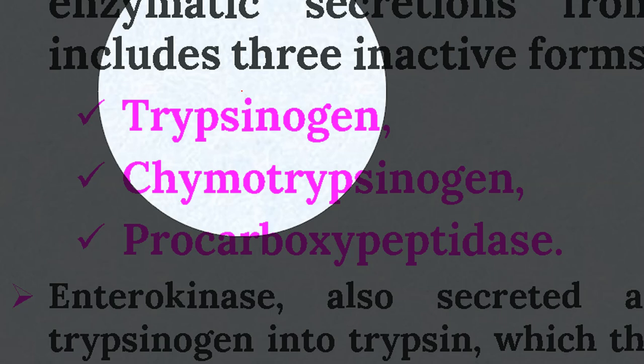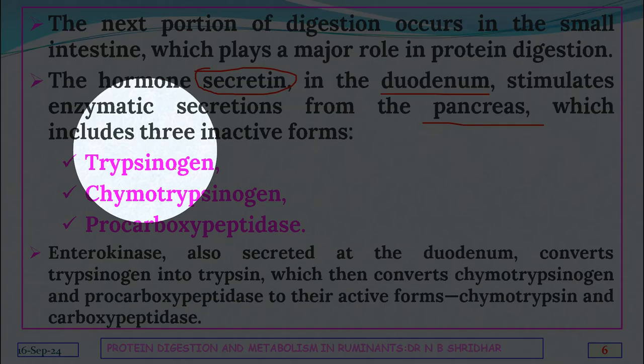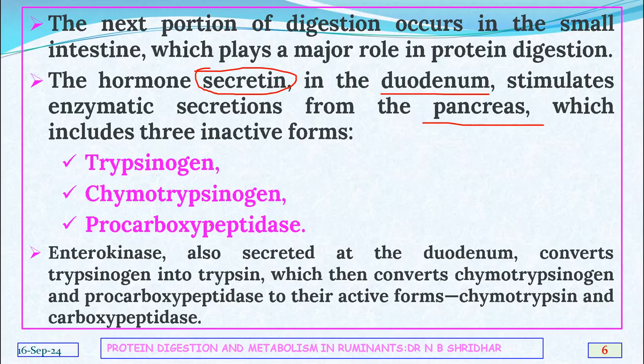Coming to the next one, enterokinase is also secreted. This is another enzyme at the duodenum which converts trypsinogen into trypsin.